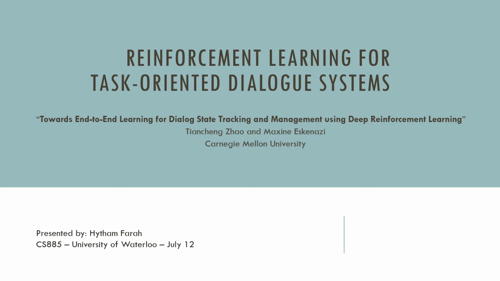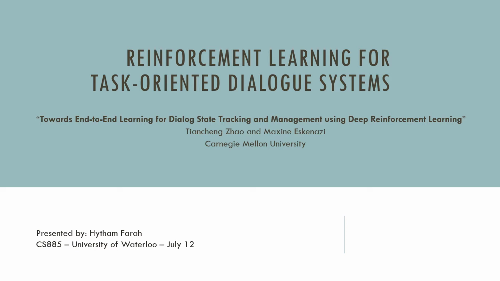In what follows, we will first review what a task-oriented dialogue system is, and we will look at the conventional pipeline for setting up task-oriented dialogue systems. And then we will see how we can leverage reinforcement learning to essentially make an end-to-end task-oriented dialogue system.